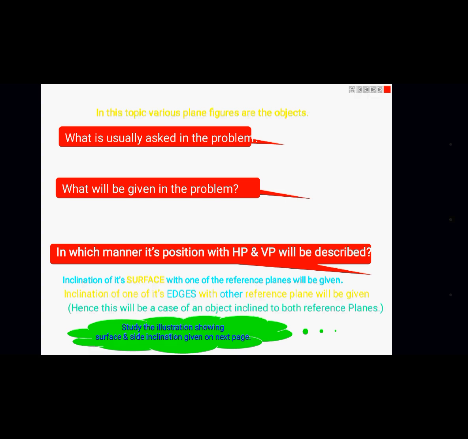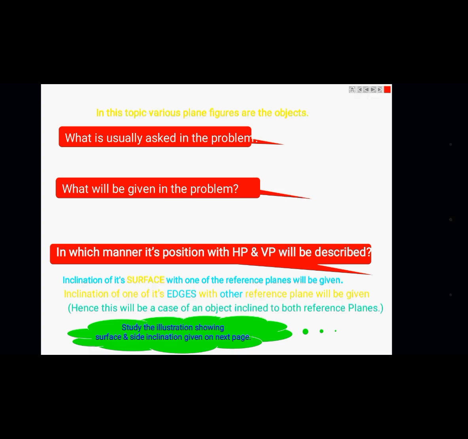When you tilt it to 30 degree, the top view of the lamina will be an irregular shaped lamina, and the front view will be a 30 degree line. So always when the lamina is tilted, when it is rotated, it will not be in regular shape; it gets converted into irregular shape.